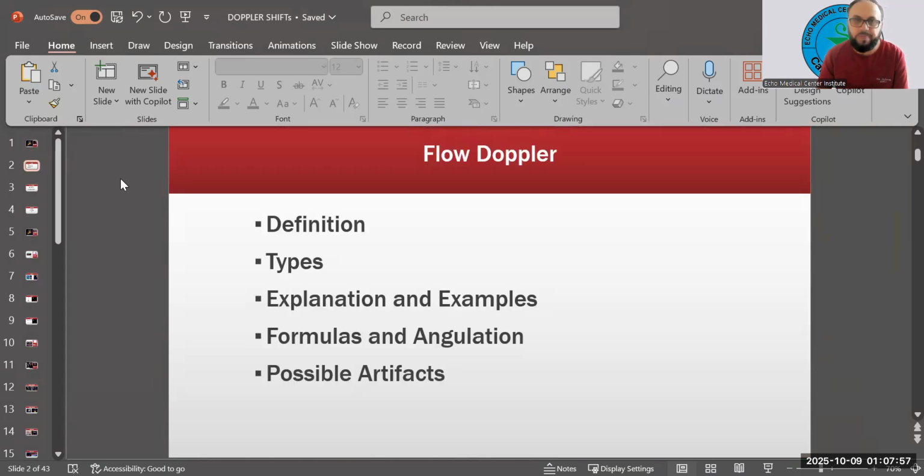If we look here, for flow Doppler or Doppler shift or Doppler effect or Doppler studies, we have to know the definition of it, what it is, and how many types of Doppler studies we should know, because you may need these things for your daily practice, or maybe you're a student and you want to know the depth of this.